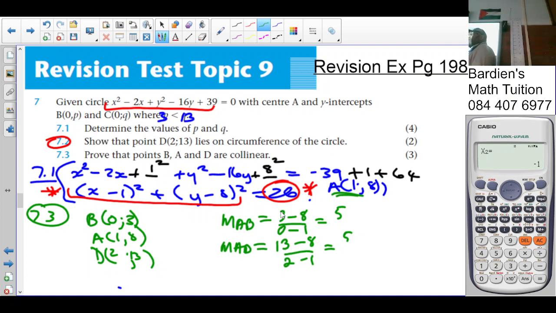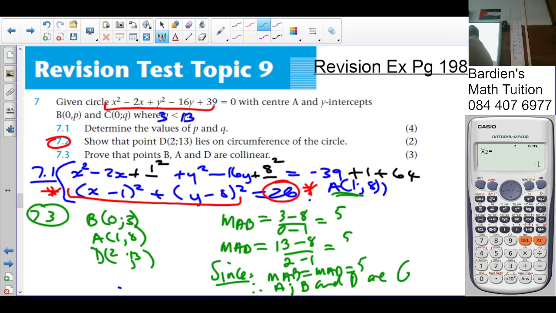You see the gradients are the same. So you state the obvious: the gradient of AB is equal to the gradient of AD, which is equal to 5. Therefore, A, B, and D are collinear. Alright.